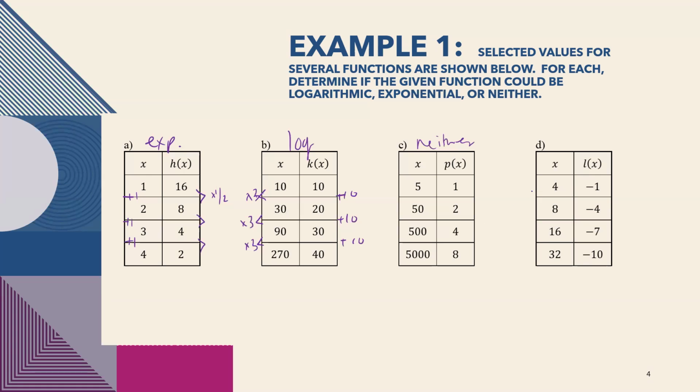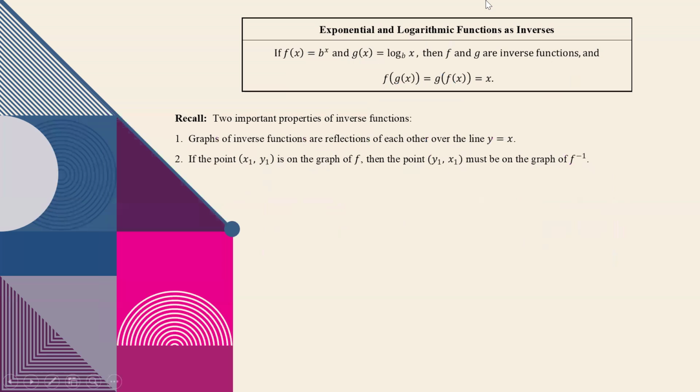Okay, and where are we at? Oh, d, l of x. It's log. And why is it log? The y is equally spread out by doing what? We're adding -3 every time, right? And on here, we are multiplying by 2. Do you feel confident in identifying between an exponential and log table? Yeah? Doable? Cool. All right, let's keep it pushing.